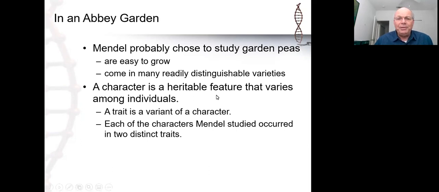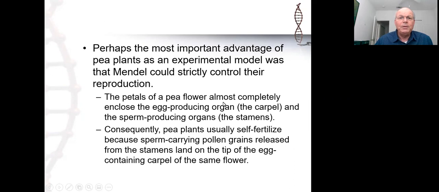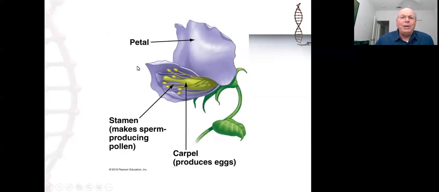Now, there were some other characteristics of garden peas that also made them attractive to him. So one of the things that we know about garden peas is that the pollen, which is the male part, the equivalent of sperm, is able to fertilize the eggs of the same flower. And so this is called self-pollination or self-fertilization.